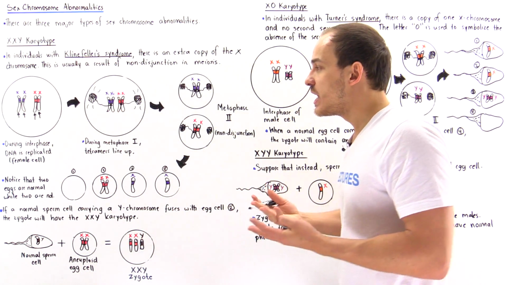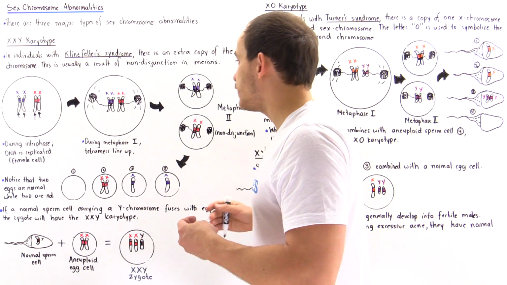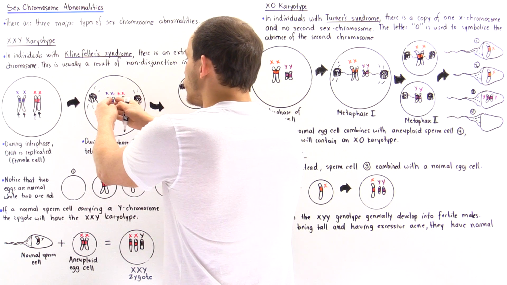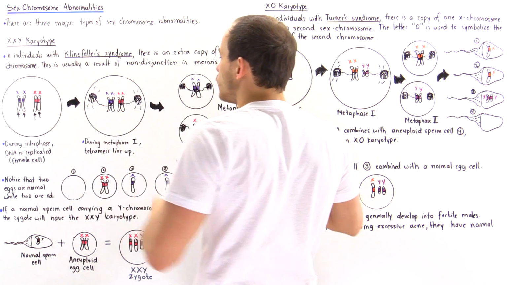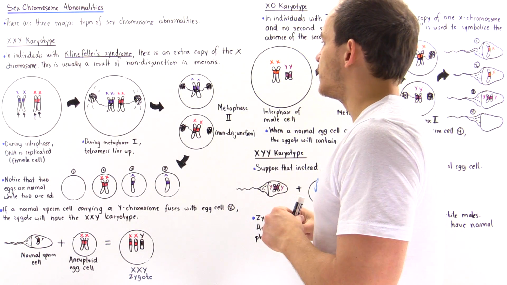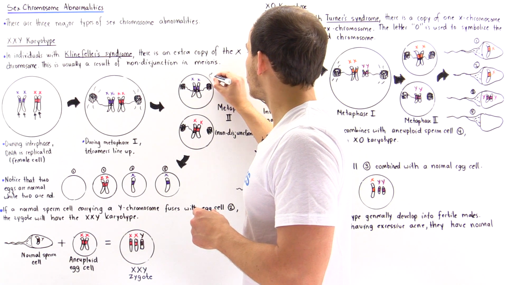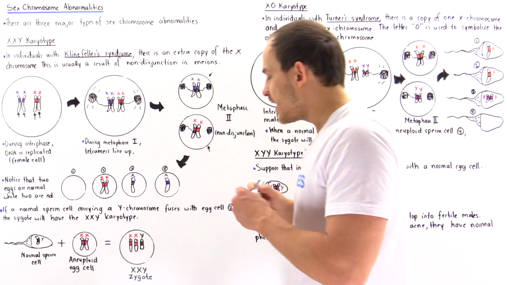So let's suppose that this process takes place normally. That means these will segregate, will move to opposite poles, and after meiosis 1 takes place, we form these two haploid cells as shown. So haploid cell number 1 and haploid cell number 2.